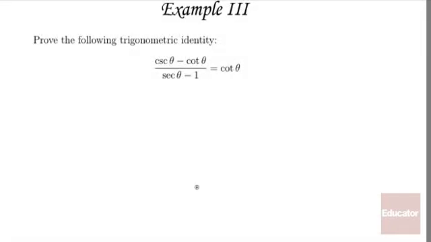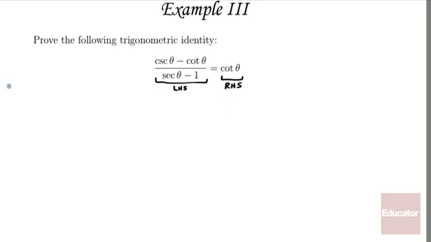In our next example, we're given a trigonometric identity and we're asked to prove it: cosecant theta minus cotangent theta over secant theta minus 1 is equal to cotangent theta. So I'm going to start with the left-hand side of this trigonometric identity, and I'm going to try to manipulate it into the right-hand side.